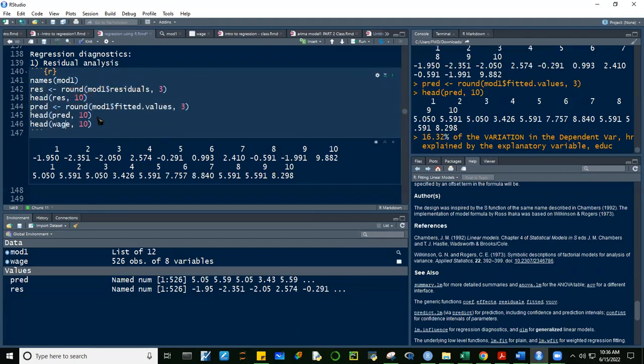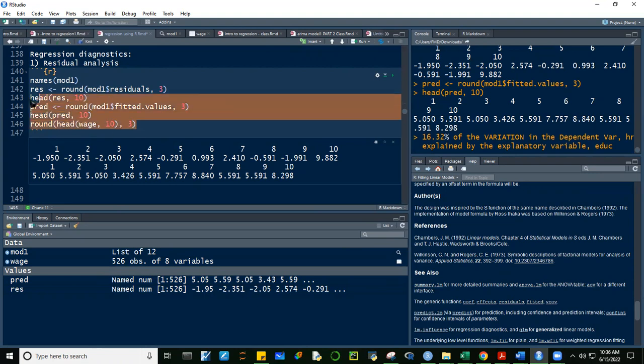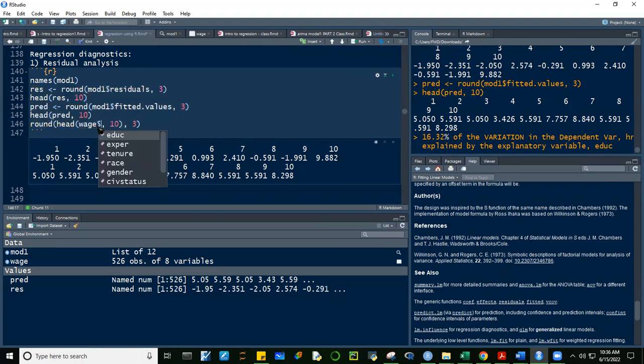Let me see if we can round dito siya. Okay, what am I doing, guys? I'm also printing yung hourly wage, sorry. Yung hourly wage, no?